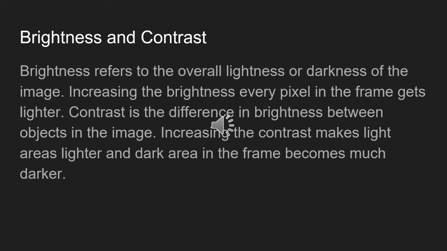Contrast is the presence of different kinds of brightness in the image. Suppose in the image we have the 255 pixel value and also the 0 pixel value. Then we'll call it a more contrasted image, rather than an image having only 255 pixel values or only 0 pixel values.